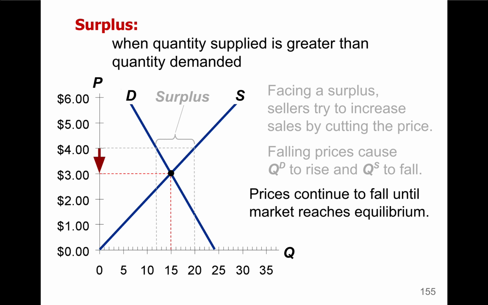This is the magic of markets. The government does not have to tell the buyers where to buy and how many to buy, and the government doesn't have to tell the sellers what to price their product at or how to make it. The market itself corrects itself. So if there is a mistake, and it is a lot of trial and error, then the market will force itself down into the equilibrium price and quantity.